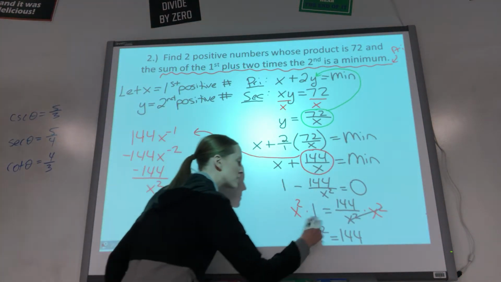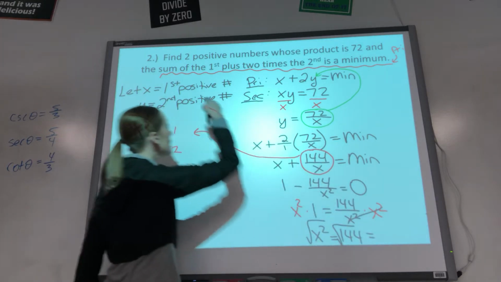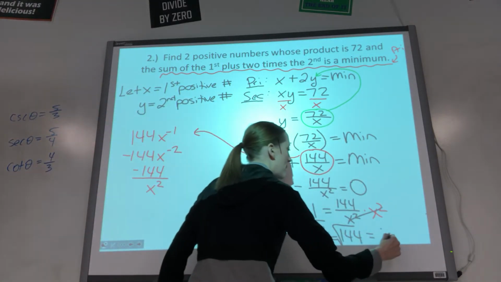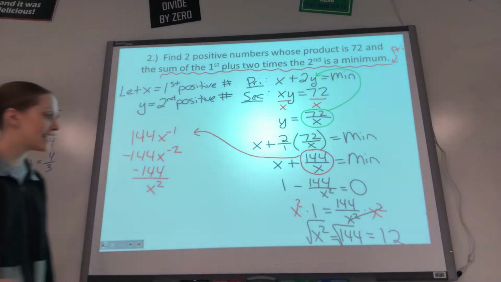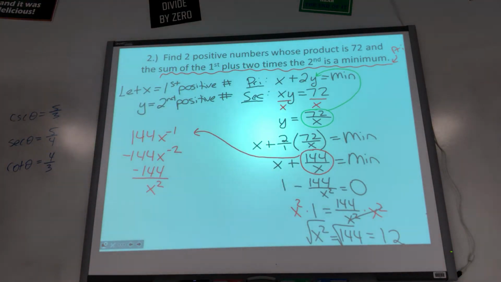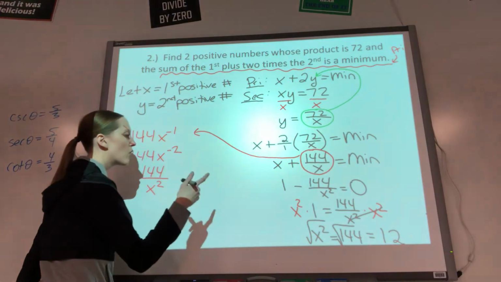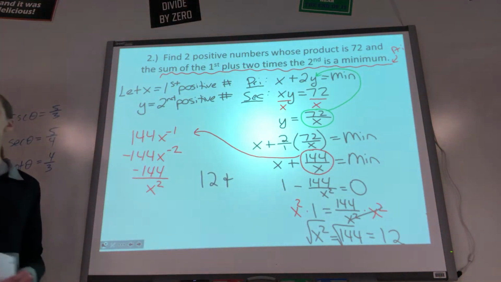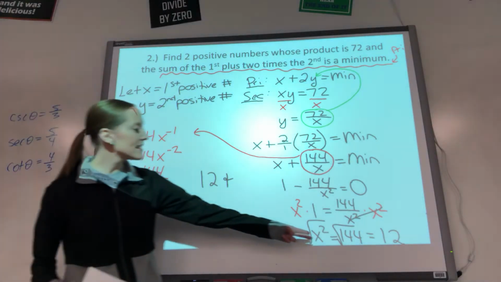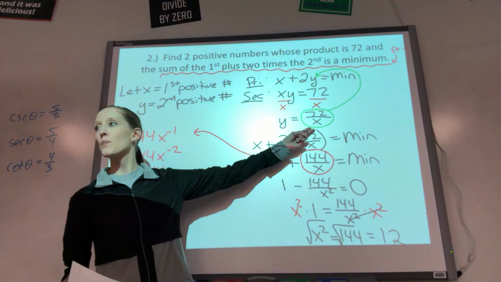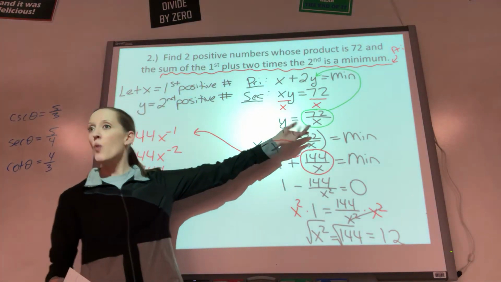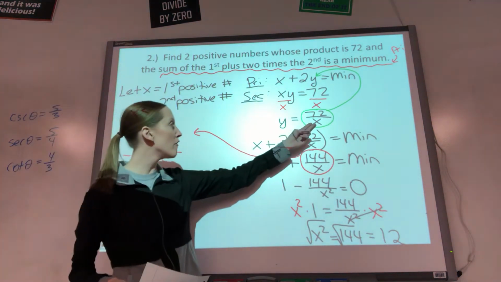And when I go to square root, remember we only want positive numbers, so you don't have to worry about the plus or minus. It's just going to be 12. So right now, one of my answers is 12. And the easiest way to find y is to probably just plug your x back in right here where you had y by itself.